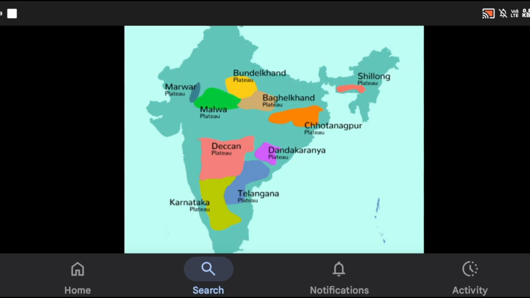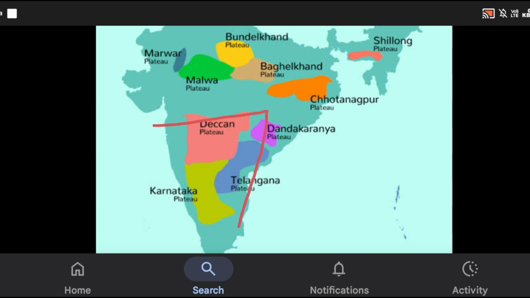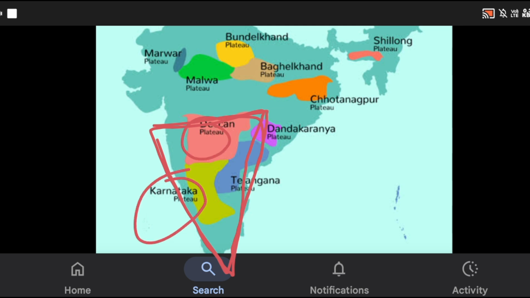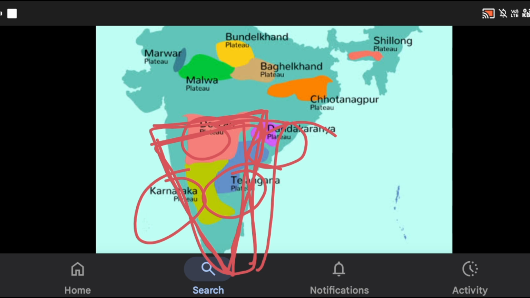You can point out various plateaus here, like the Deccan Plateau. This whole triangular land, you can observe, is the Deccan Plateau. In that you can find the Karnataka Plateau, the Telangana Plateau and the Dandakaranya Plateau, but three or four of these are considered the Deccan Plateau only.